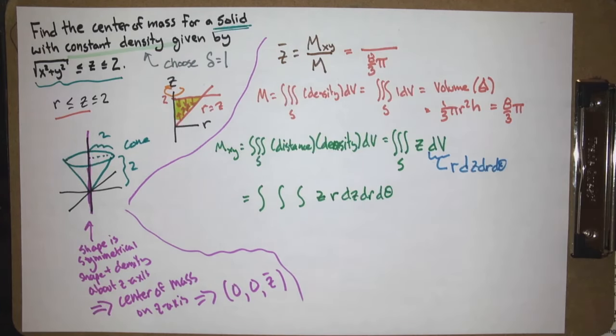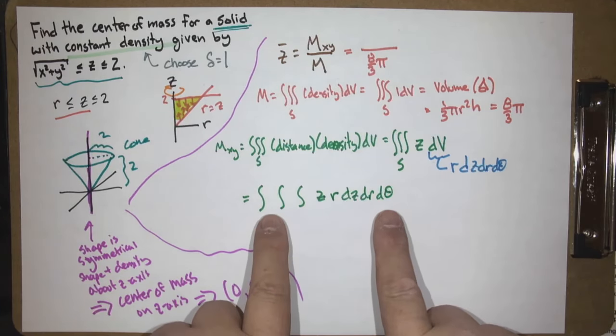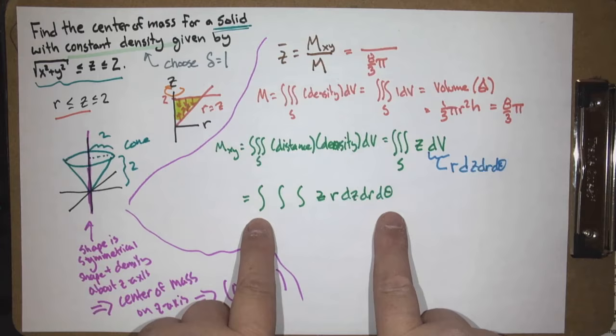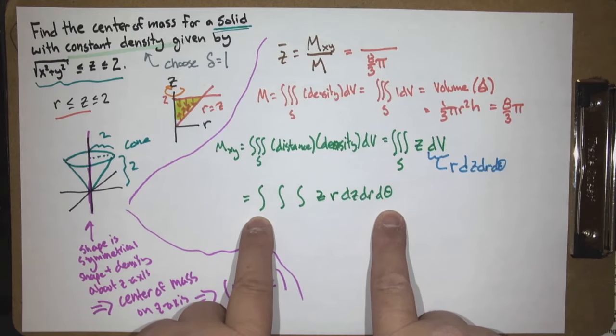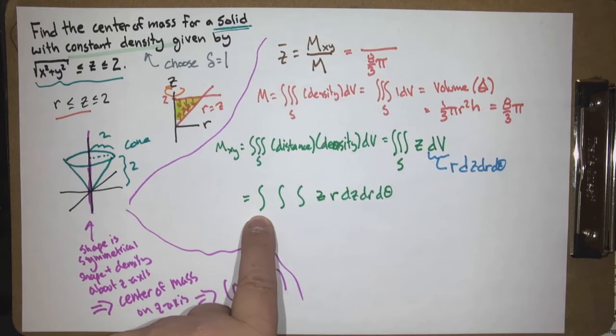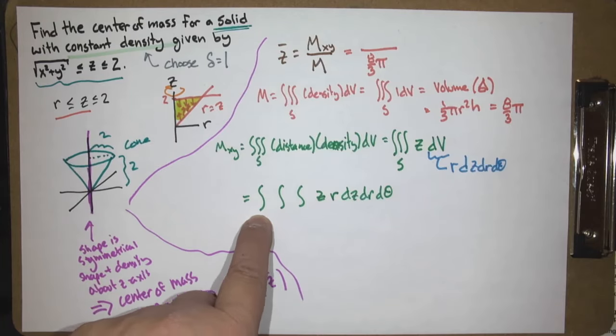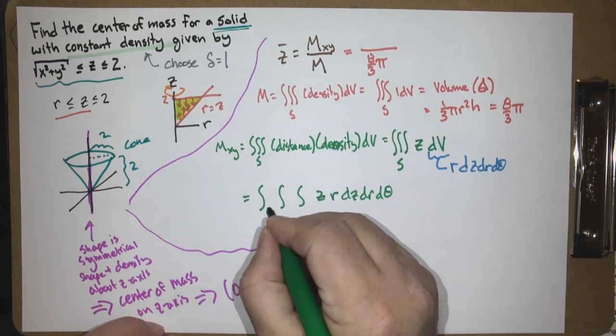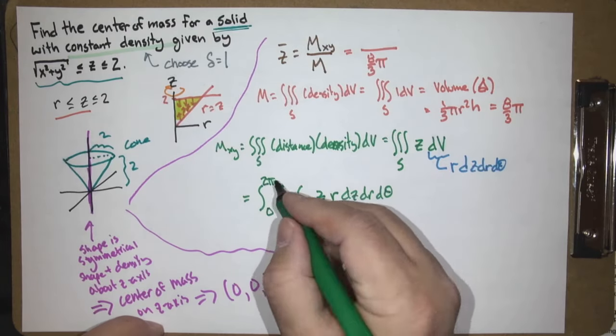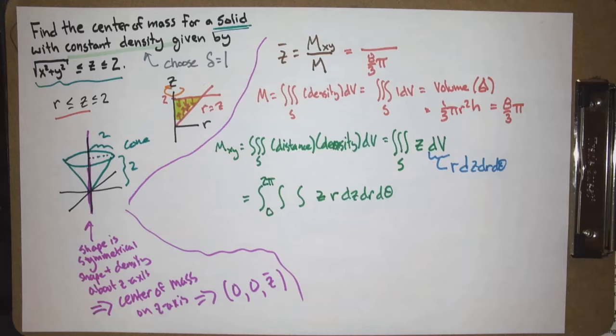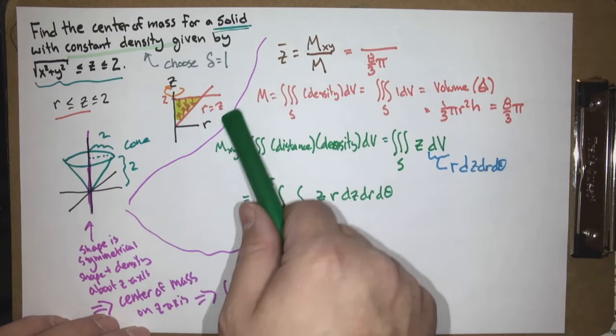Let's go through and set this up. Where does theta go from? We have to describe our region. 0 to 2 pi, all the way around. It's a full circle. So when you've got that rotational symmetry all the way around, 0 to 2 pi, full circle.